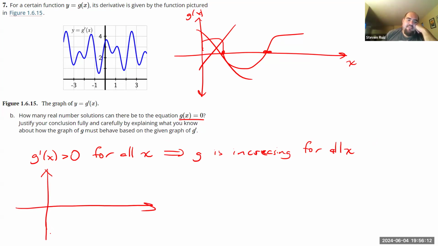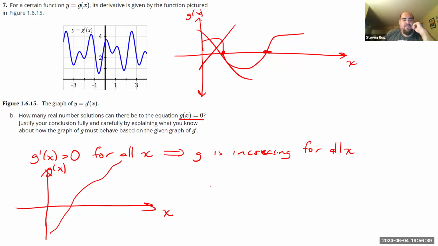It's not linear. I'm not going to say that it's always increasing at an increasing rate or the same rate, but it's always increasing. So because of that, how many solutions can I have for g of x equals 0? I think it could be 1, because if it's always increasing, it might cross the x-axis.